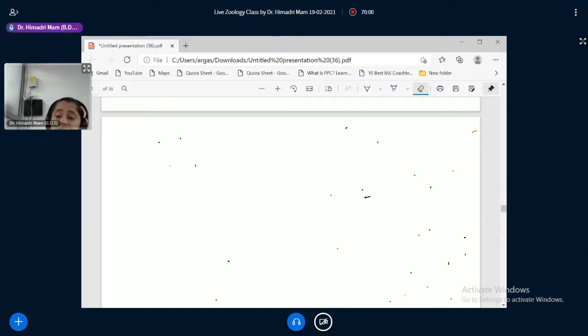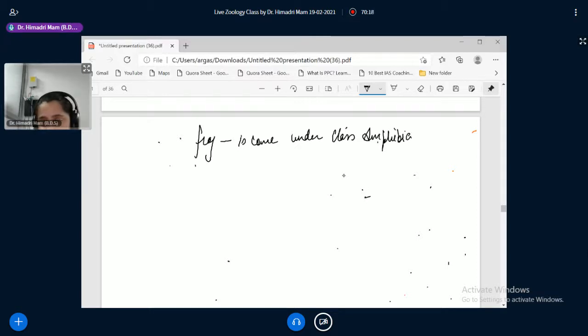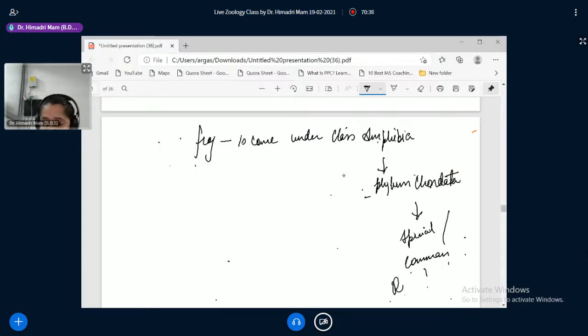Frog is an amphibian. Frog comes under class Amphibia, phylum Chordata. The common species is Rana tigrina.